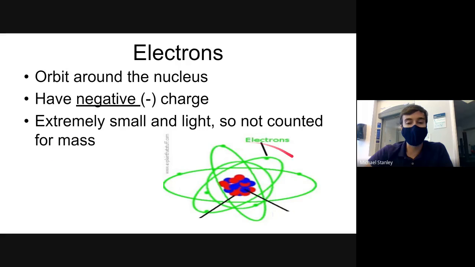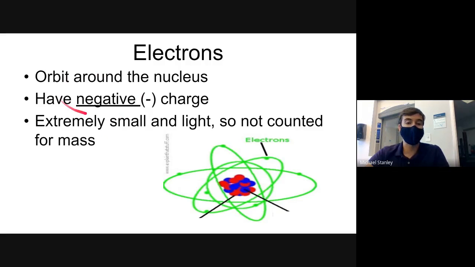So they're outside of the nucleus. There are little negative particles that are zooming around out here. And electrons, even compared to the protons and neutrons, are incredibly tiny and light. So they don't really get counted for the mass, for the total weight of the atom. They're there and they're important.